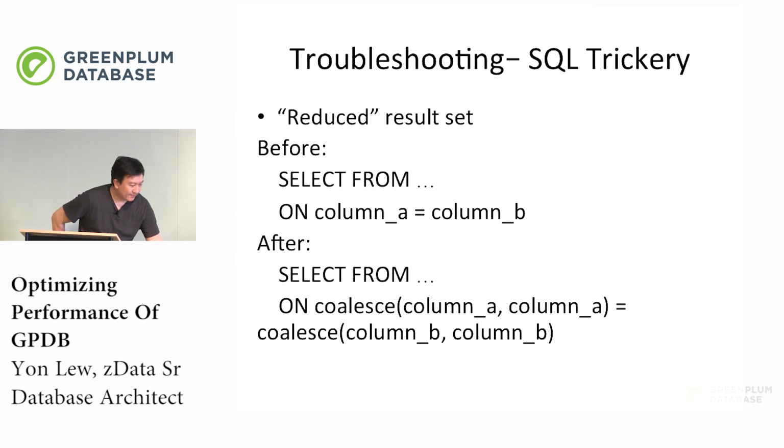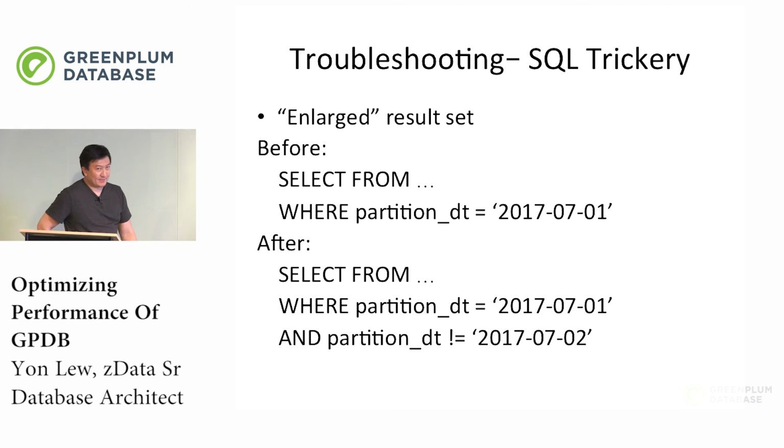So the original query is just select star from table A, table B, on column A equals column B. The trick is to put that in a coalesce statement. So now we're going to select from table A, table B, on coalesce(column A) equals coalesce(column B). That actually does nothing, but it fakes out the planner into thinking that the result set is more selective than it is.